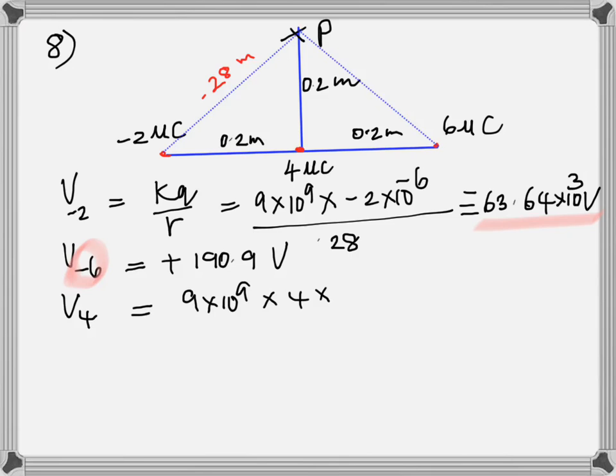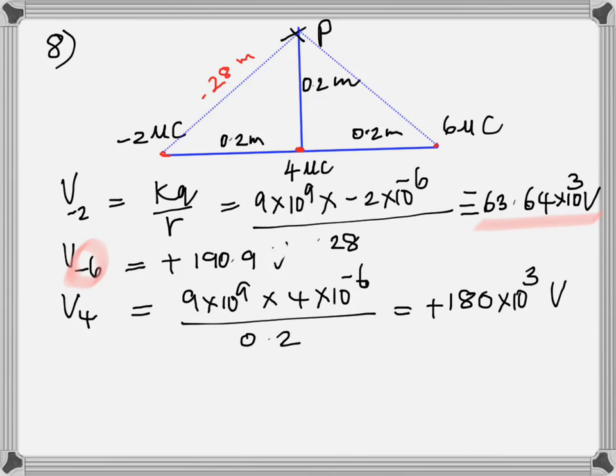I just put it in. All right, so that's 190. How did I get that easily? All I had to do was multiply that with 3, isn't it? Yeah. The distance is the same, so I just multiplied that with 3. And then potential due to 4 microcoulomb. The distance is 0.2 now. Yeah, then I remembered I forgot to put 10 to the 3.